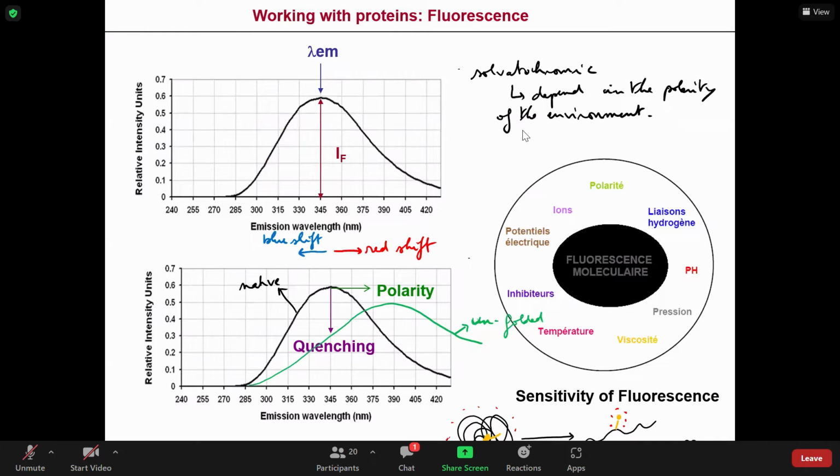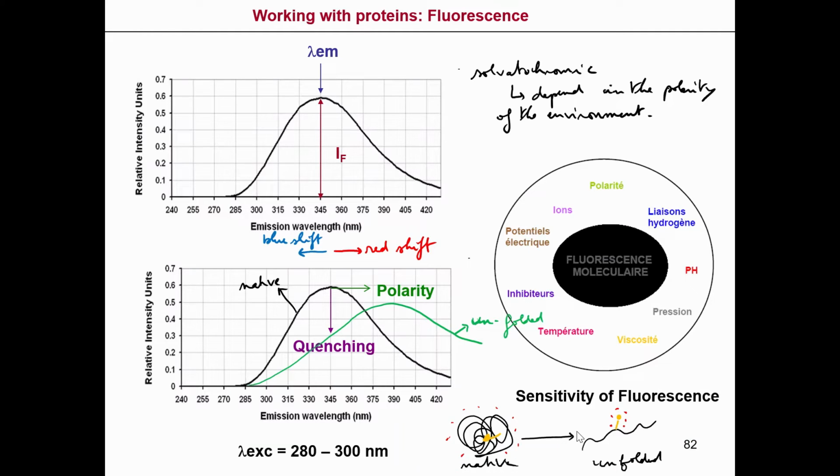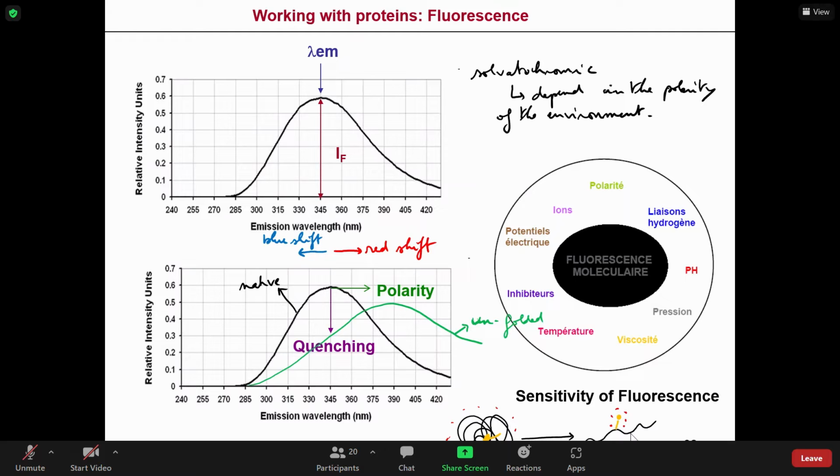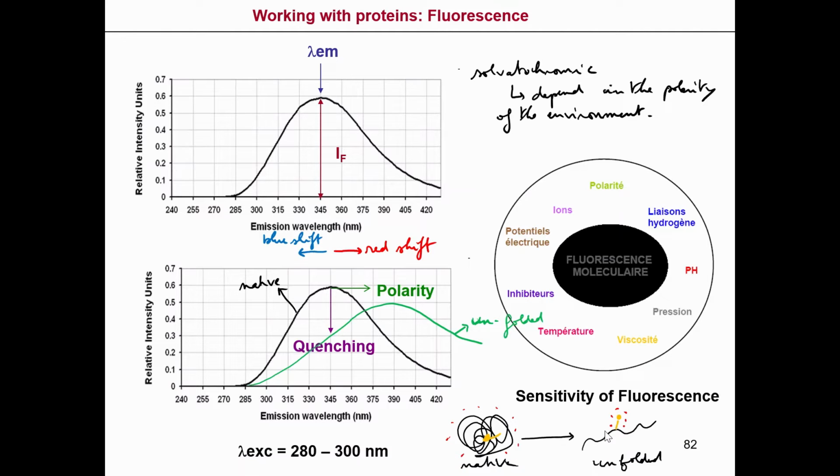Why? Because when you increase the polarity, you should observe a redshift. And you know that water is a polar solvent, right? So it means that tryptophan, when it's unfolded, is exposed to water, or it's around water. You see that there is more water around the tryptophan, so you will observe a redshift.